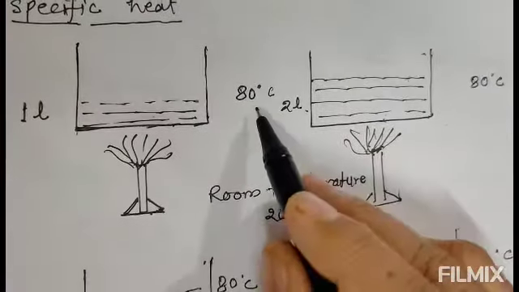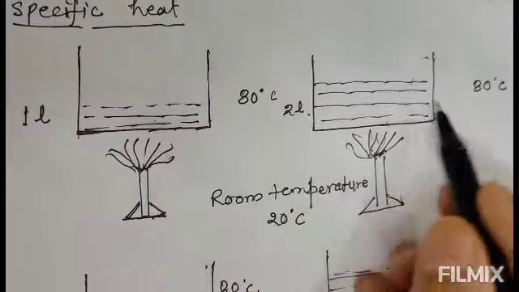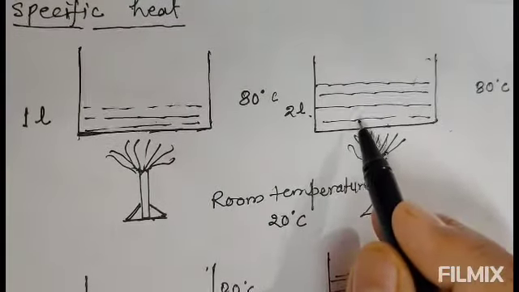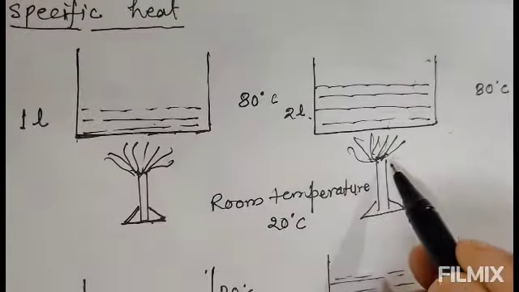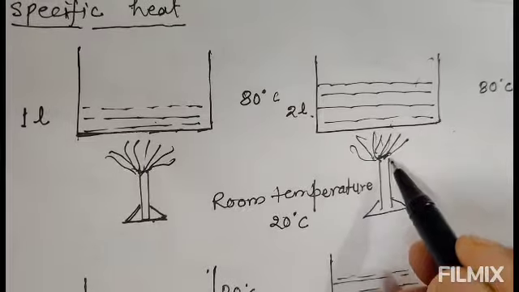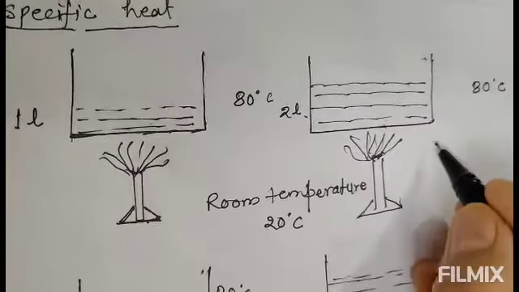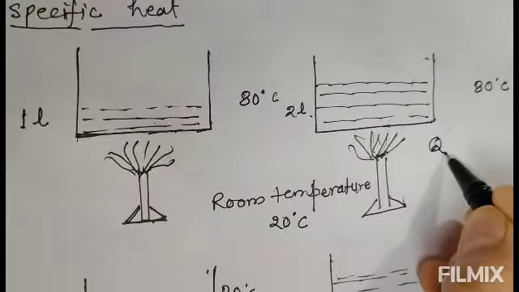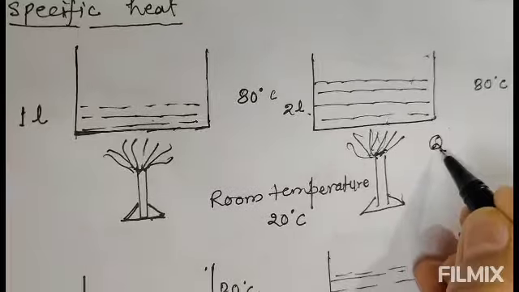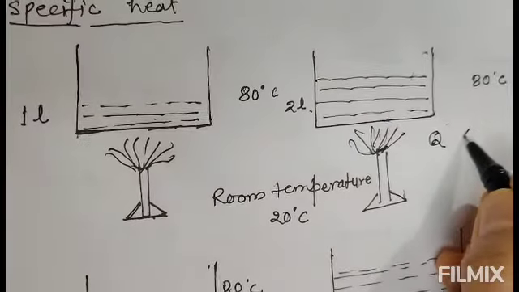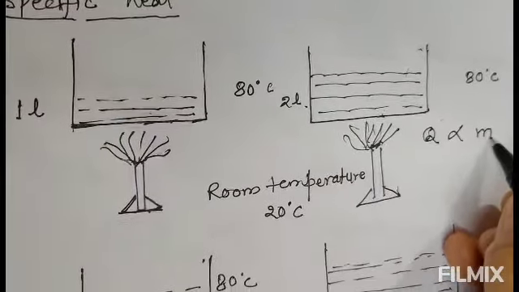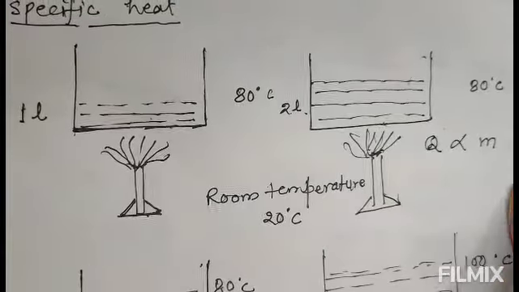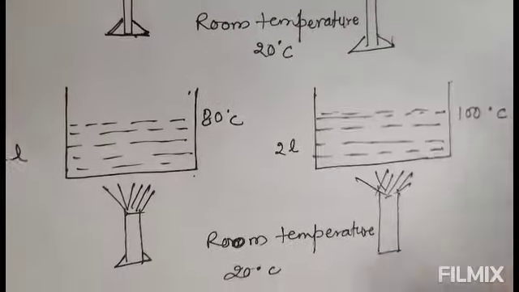That means to make both the containers' temperature 80 degrees Celsius, we have to supply more heat in the second container. That means you can conclude here that if Q is the heat supplied, that is directly proportional to the mass of the substance. Now you will see another condition.